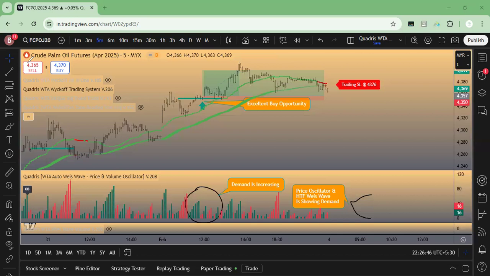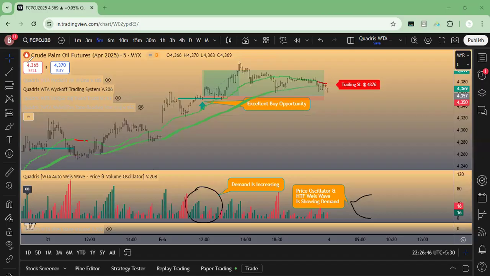When this is green, that means demand is there, price is going to go upwards. If this is red, that means prices are going to go downwards. If the volume oscillator 200 is red, that means there is no participation from a composite operator, or volume is not active at this particular time.